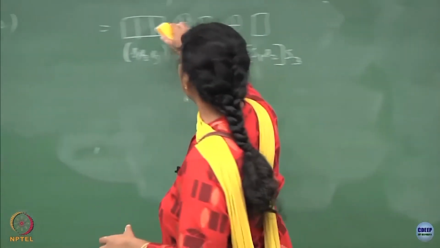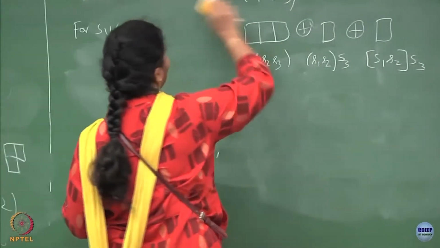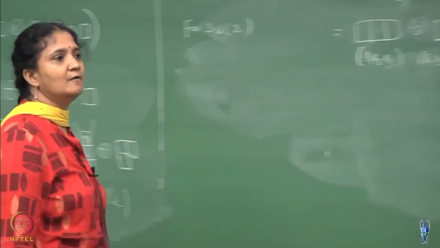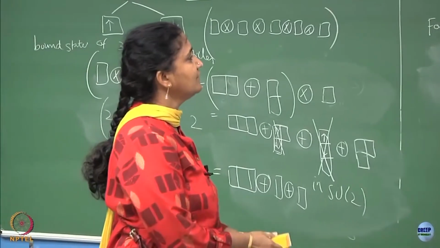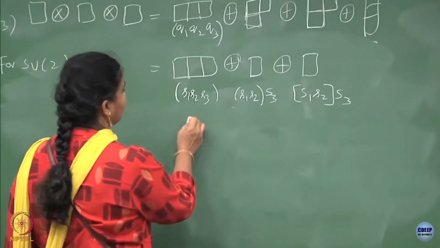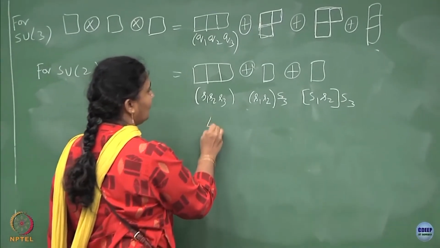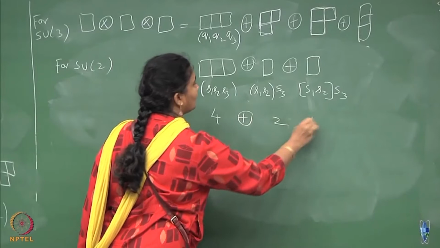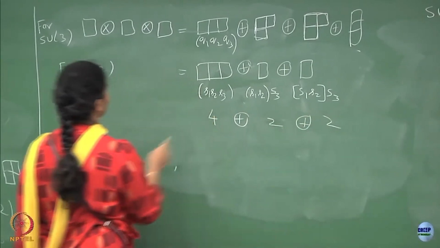Now, what are these dimensions? Can someone tell me for SU3? What are those dimensions? So, this one is dimension 4 plus 2 plus 2. This is for SU2. Okay.